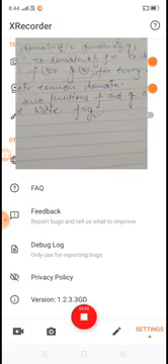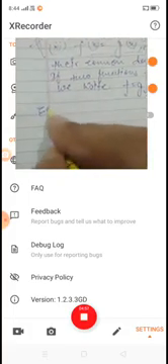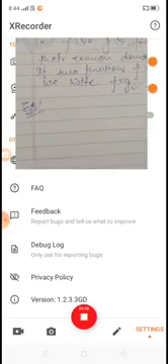Let's take an example for equal functions.